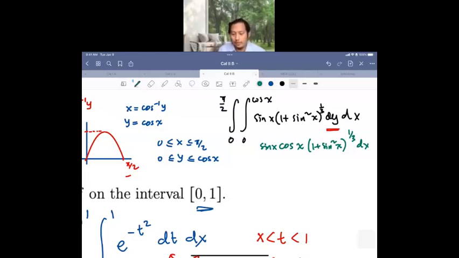And then what can we do? I believe we could just do substitutions, right? So we could take u as 1 plus sine squared x, and du is 2 sine x cos x. And it will be canceling this part, right? Okay.